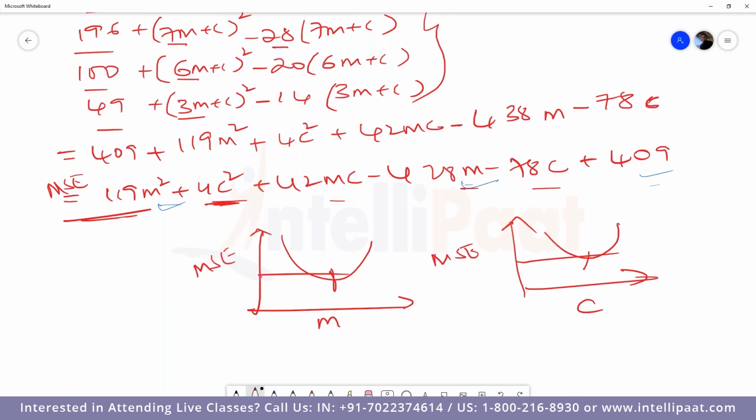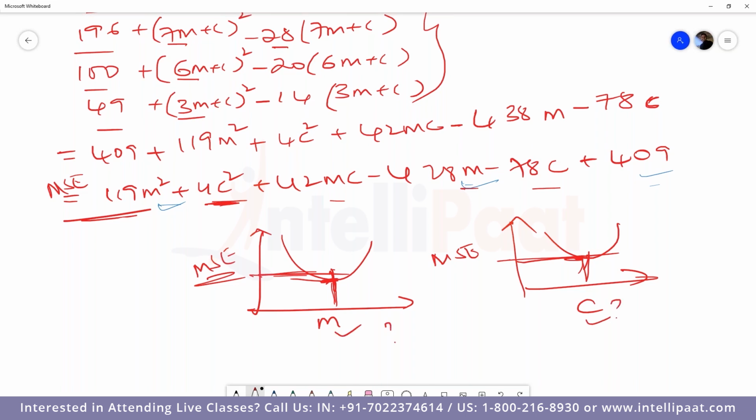So it's more or less impossible to have something like that. But what we're saying is there is a particular value of M for which your MSE is minimum. If you see, this is a minimum point. Similarly, over here also there's a minimum point, a particular value of C where your MSE is minimum, so to say. Now what we are going to do is we are going to try and find these values of M and C.